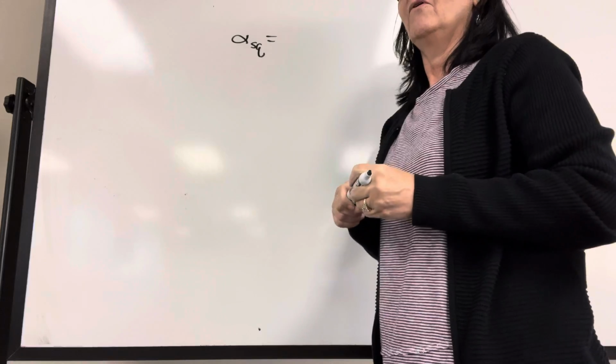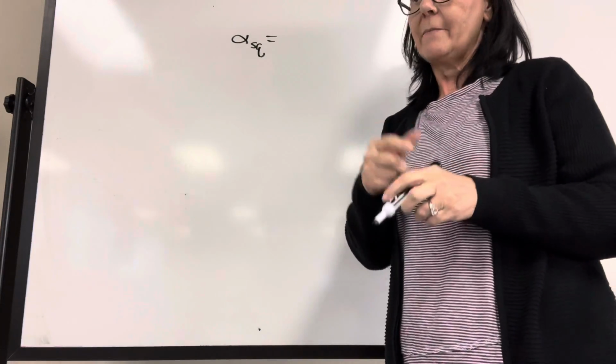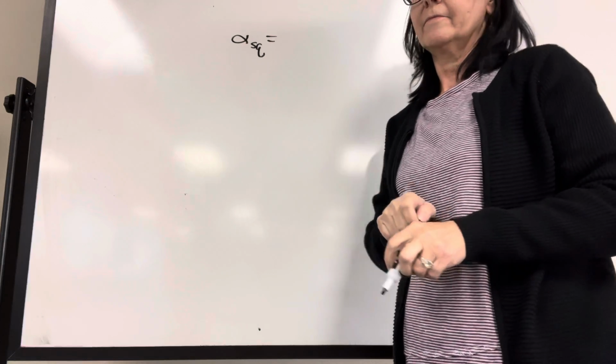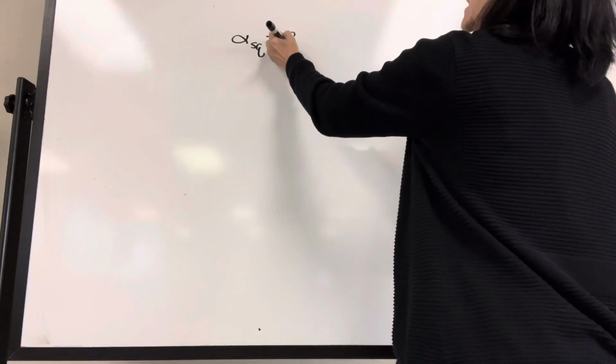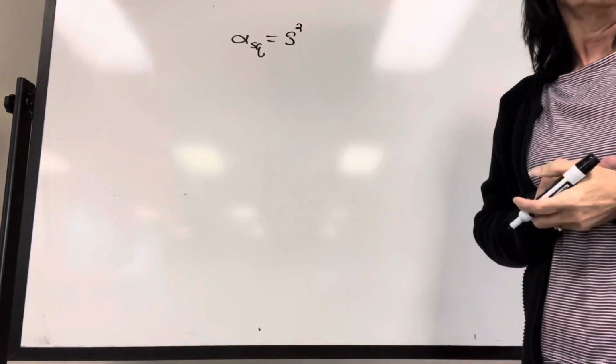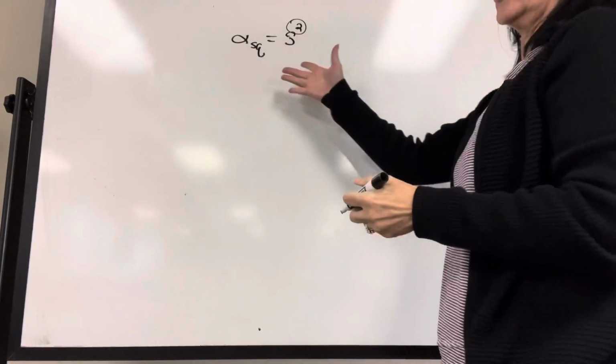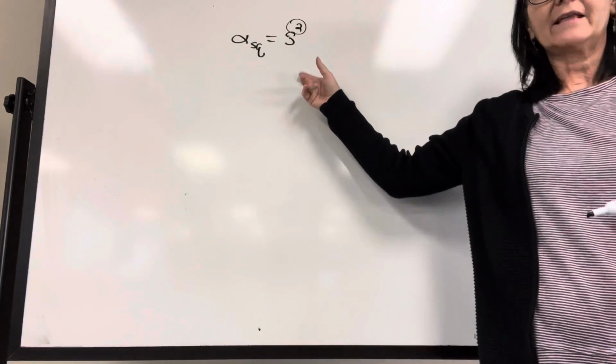Base times height? No. Is the base different from the height in a square? Okay, so it's just the length of any side squared. That's a second degree term in math.